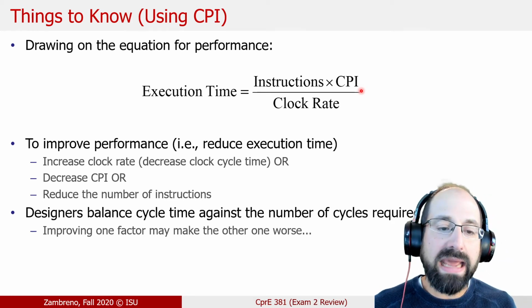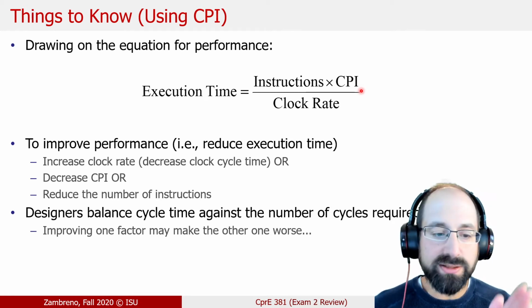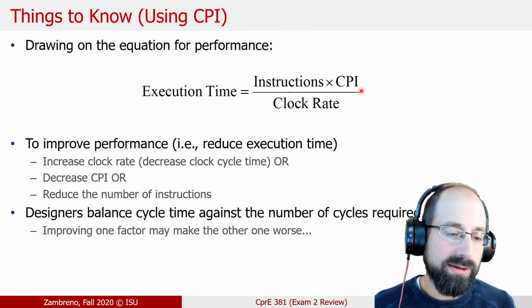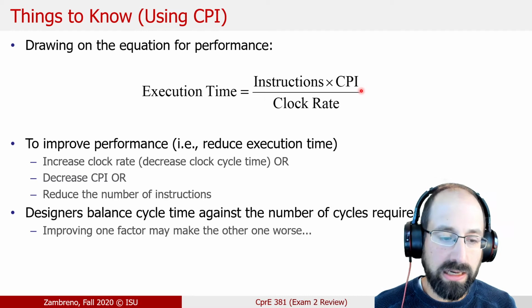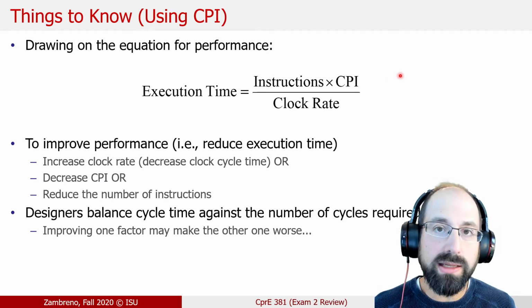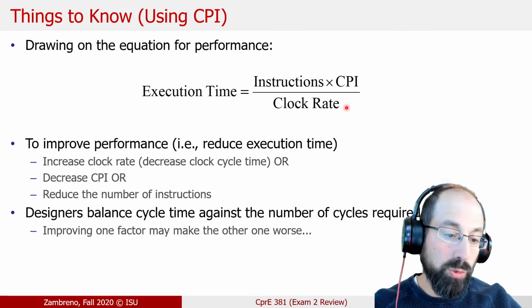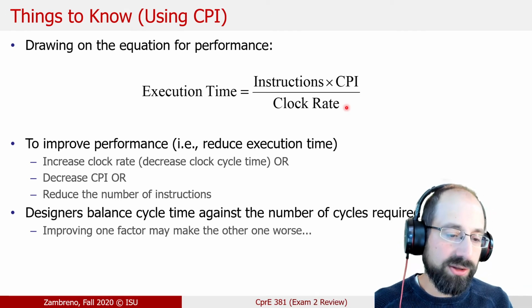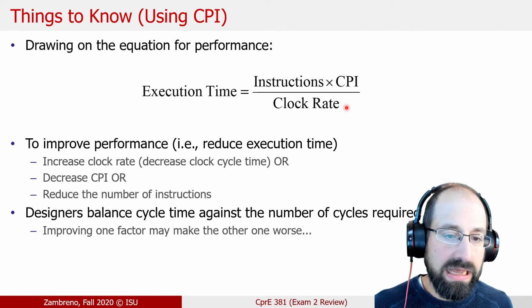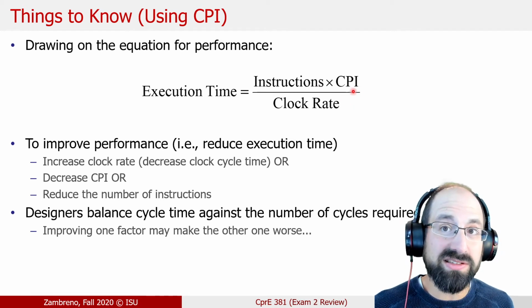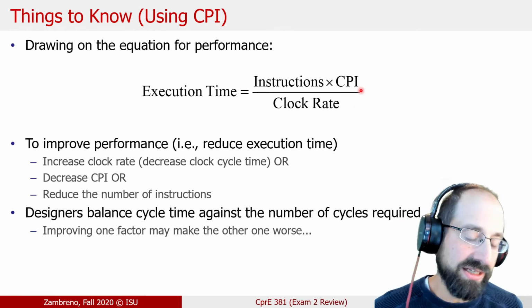We can do things like partitioning our single cycle critical path so that instructions now take more than one cycle. One of the reasons we do that is that it makes our clock rate faster. We partition our circuit, we can clock it faster. We've cut the critical path into some subdivision. But we've done that, and consequently our CPI, if we're not careful, is likely to go up.